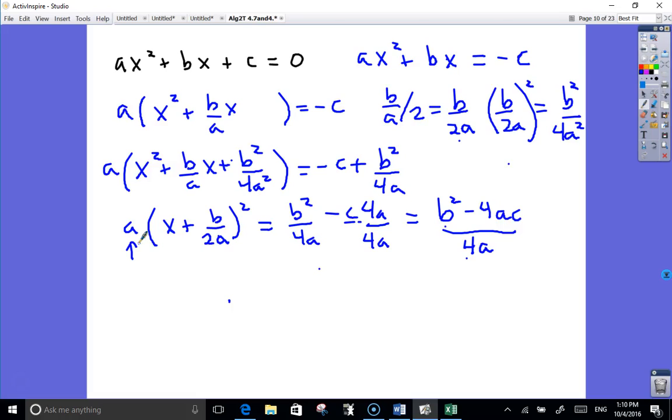Divide both sides by a. That'll give us x plus b over 2a squared equals b squared minus 4ac divided by 4a squared.